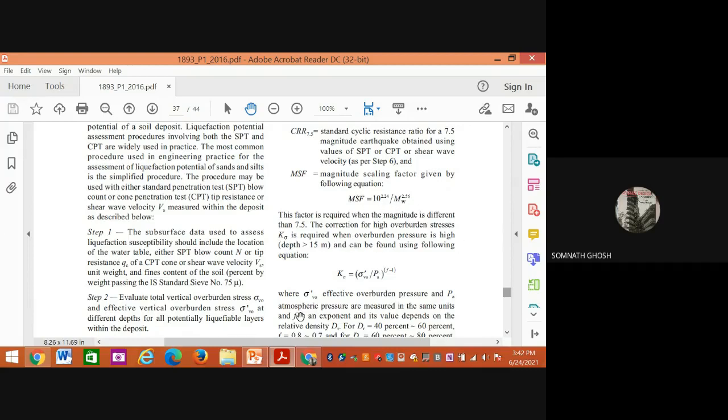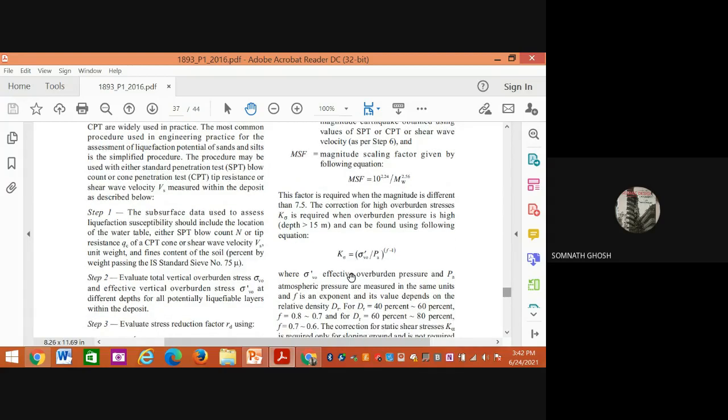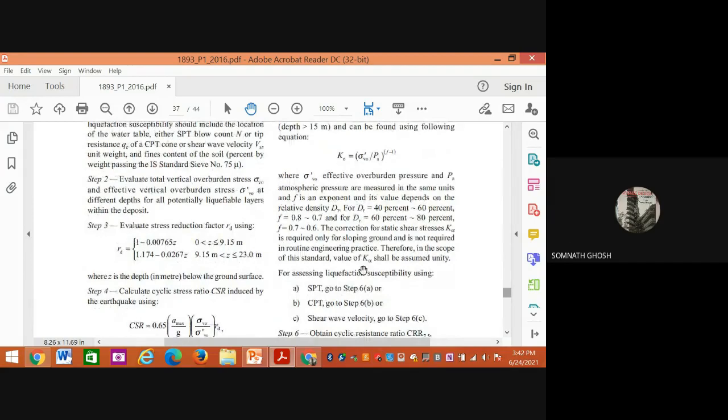Now, ultimately the correction for high overburden pressure. If the depth is greater than 15 meters, you have to use this particular equation. So all these finer details are there: depending on the relative density of the soil, for 40 to 60% F equals so much, then for 60 to 80% it is so much.